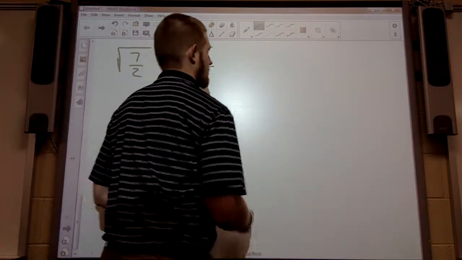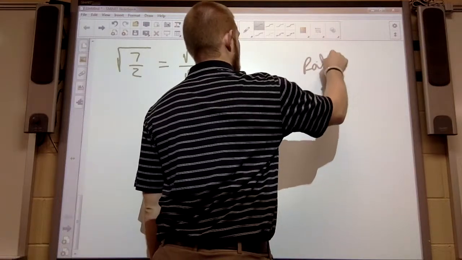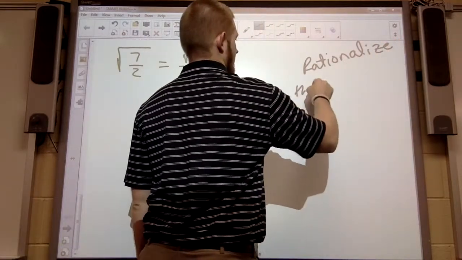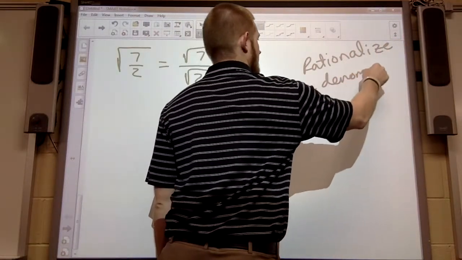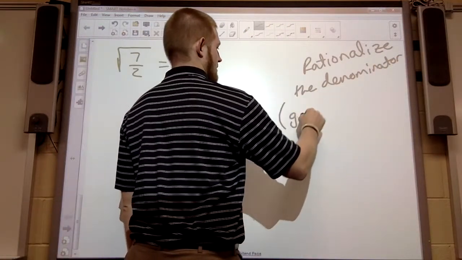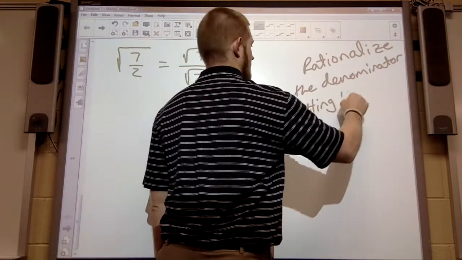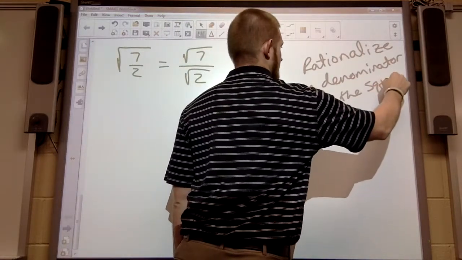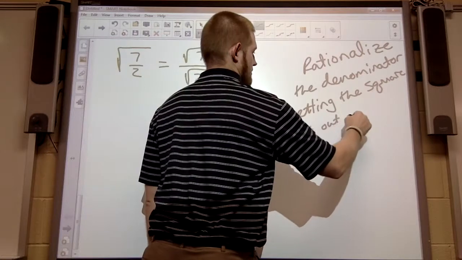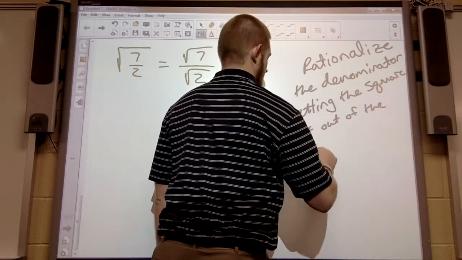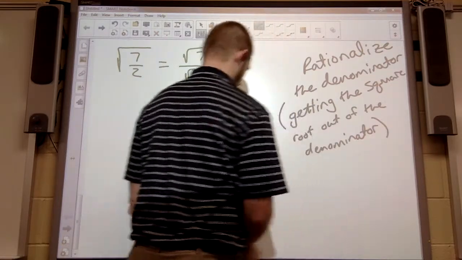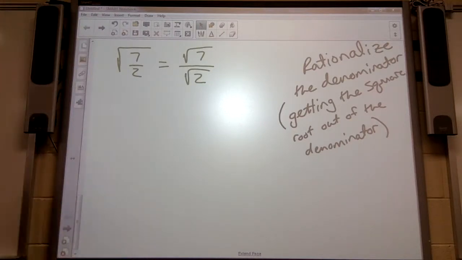So we are going to do what we call rationalizing the denominator, or in parentheses, getting the square root out of the denominator. That's called rationalizing the denominator. Get the square root out of the denominator.